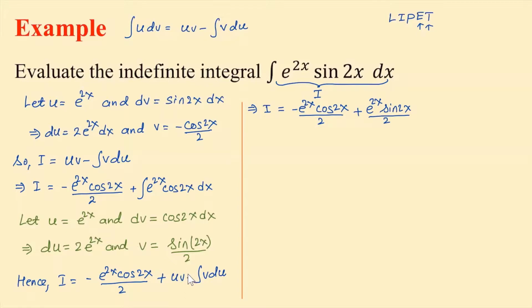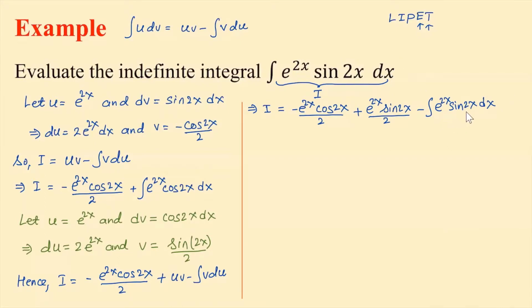That is u times v, now minus integration of v du. So v is sine 2x over 2 and du is 2 e to the 2x. So if we multiply, 2 and 2 get cancelled. We get integration of e to the 2x sine 2x dx. So after working this long, we get the same problem which was there. Integration of e to the 2x sine 2x dx.